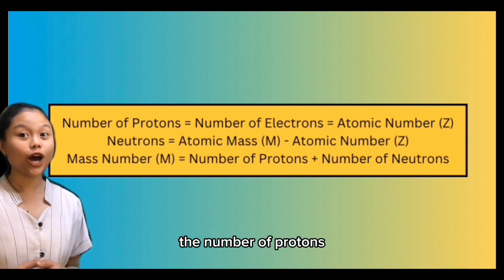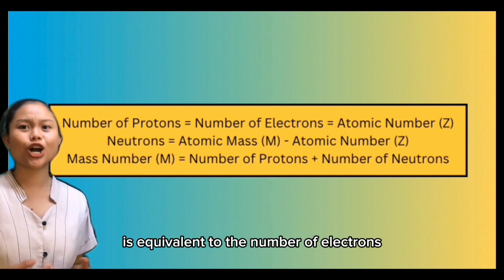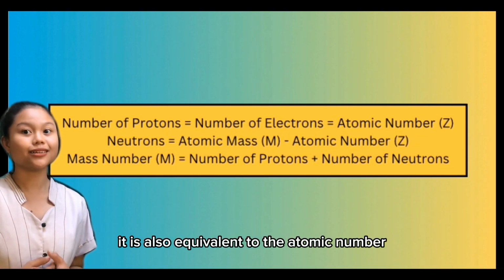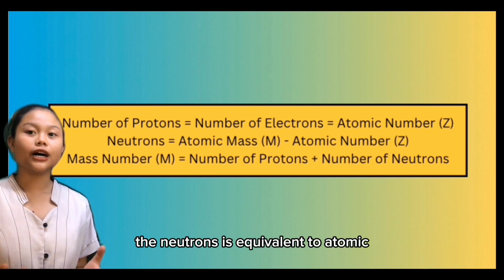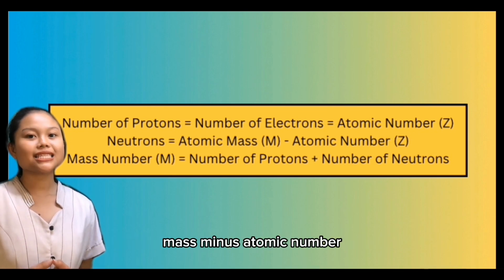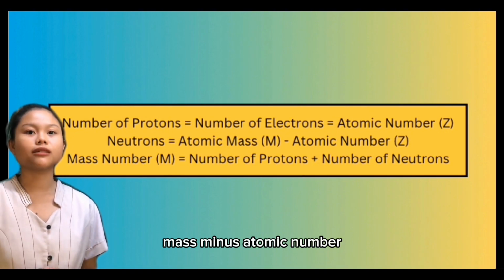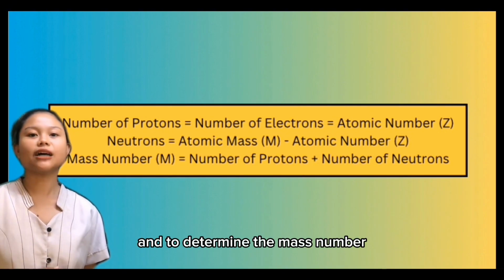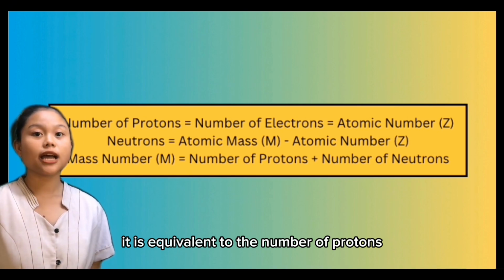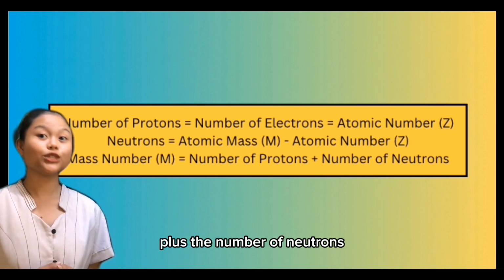The number of protons is equivalent to the number of electrons. It is also equivalent to the atomic number. The neutrons is equivalent to atomic mass minus atomic number. And the mass number is equivalent to the number of protons plus the number of neutrons.